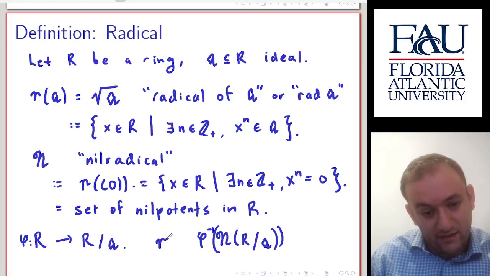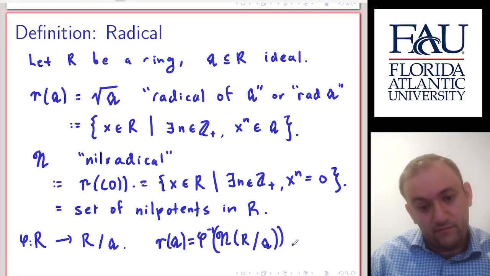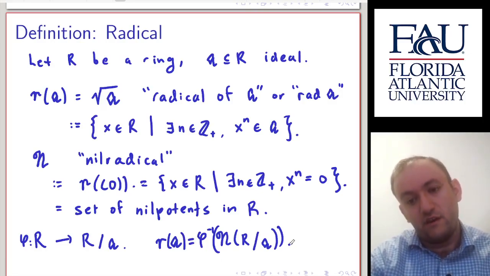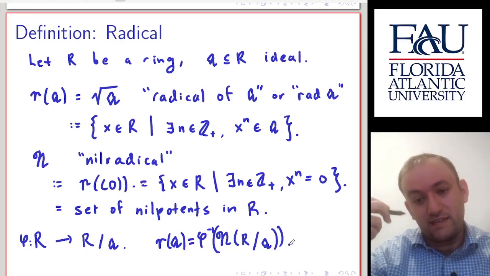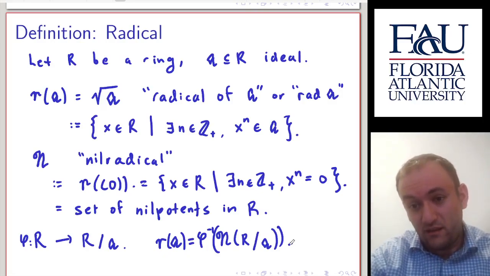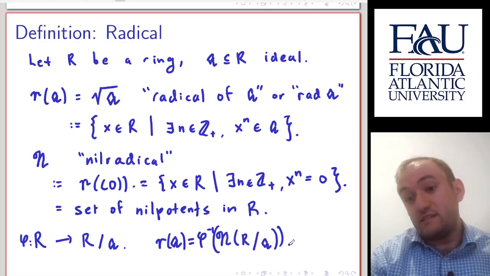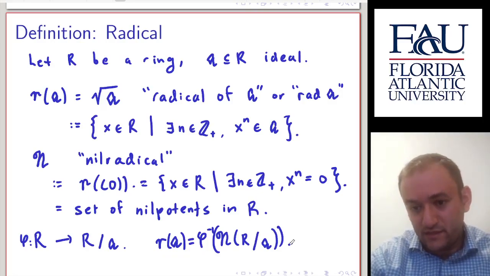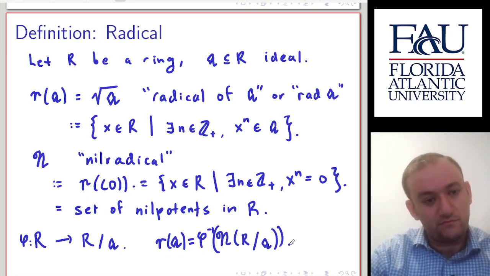Then that is the radical of A. Okay? And you convince yourself this works, right? Because take something whose power is equal to 0 in the quotient ring. Well, in the preimage, that means that its power is not necessarily 0, but it's in the ideal A. But that's exactly what it means to be in the radical. Okay.